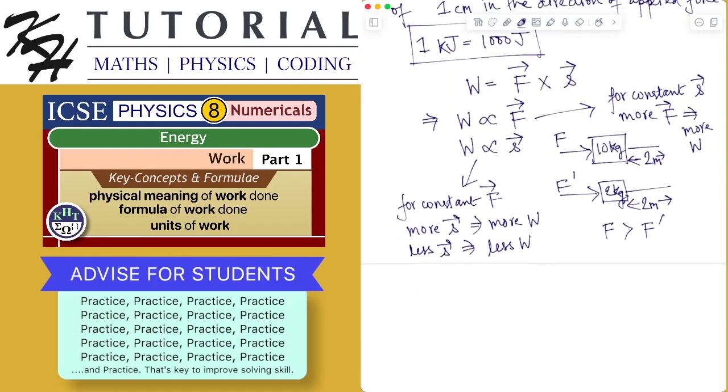If the same force is being applied and the body is moving, and the displacement is different, then obviously in the case where the displacement is more, the work done is more.